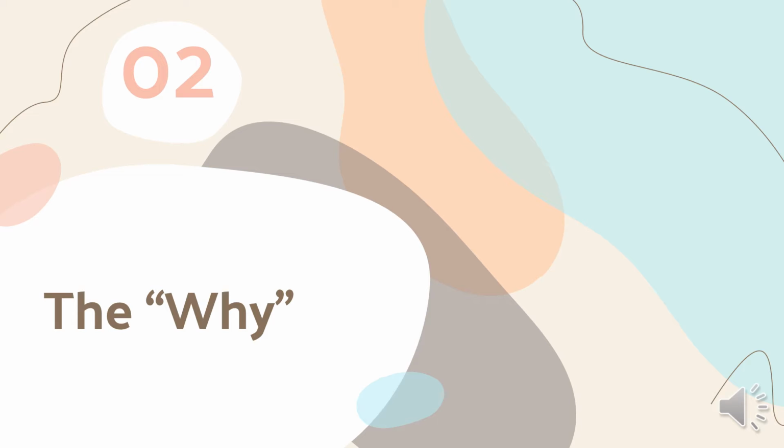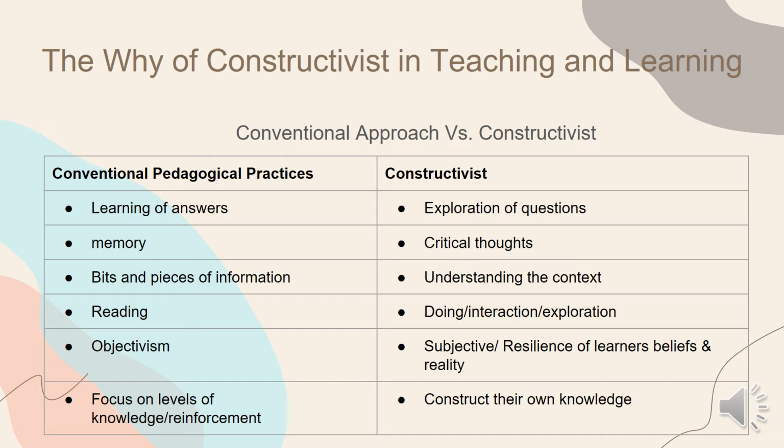What is the why? To justify the why of constructivism in teaching and learning, it will be seen better if we compare it with the traditional or conventional pedagogical practices. In a traditional pedagogical practice, learning the answer is key, while in constructivism, exploration of questions is really key.